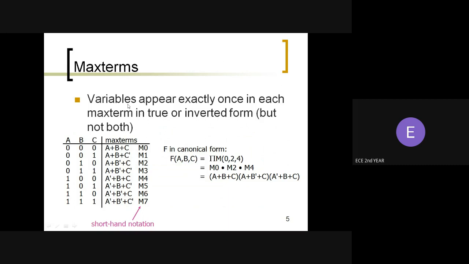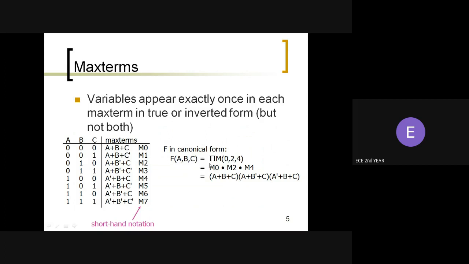And the symbol for the max term is specified by pi here, and then capital M, right? For example, we will consider one Boolean expression f of capital A, capital B, capital C, which is nothing but the inputs that are specified.